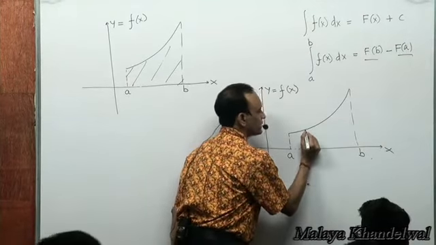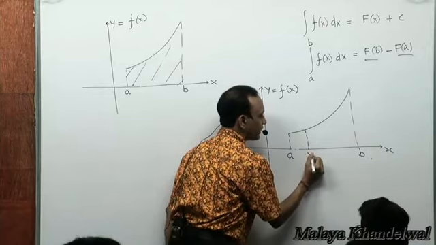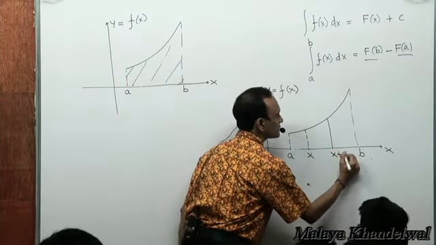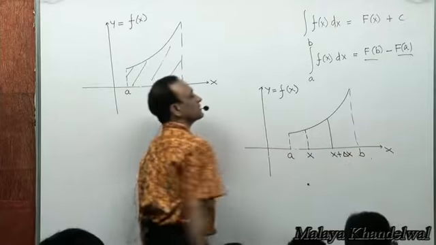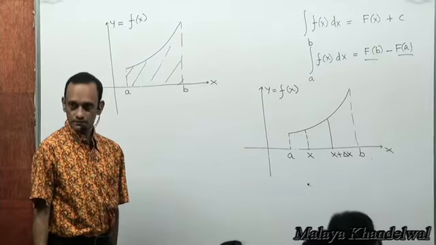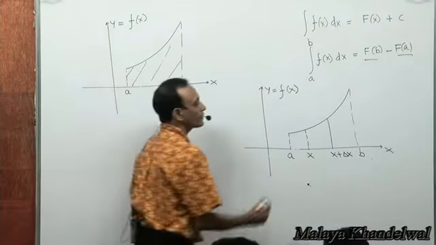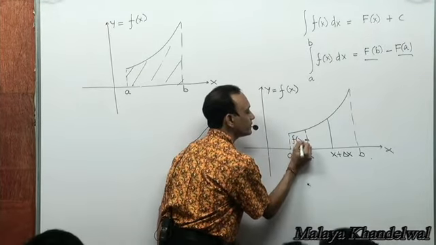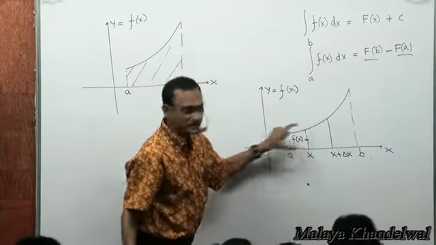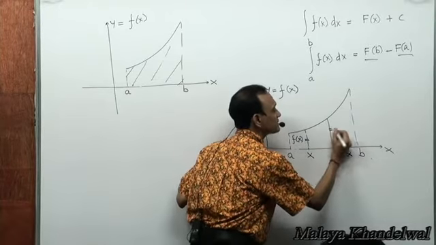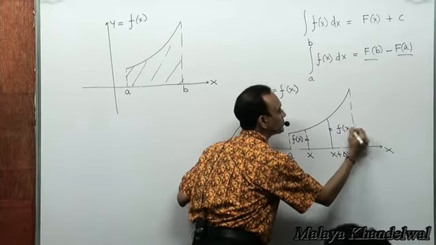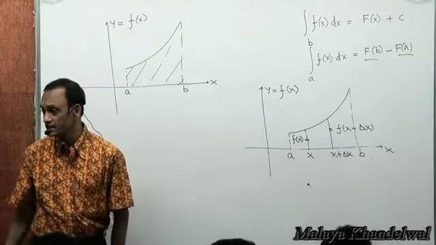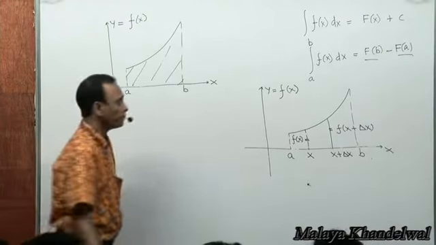Let me look at an interval x to x plus delta x. This length is f of x, and this length is f of x plus delta x. Yes or no? Clear?